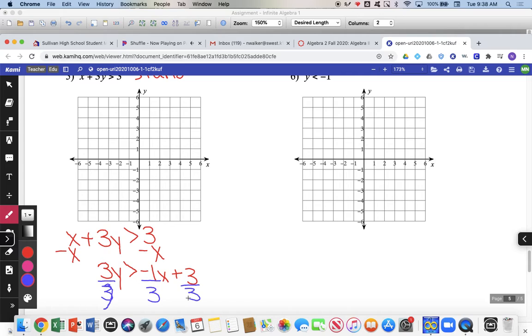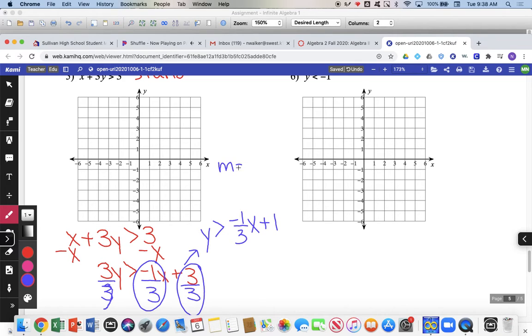All right, so now, whenever we are solving this, we now have y is greater than, what's my slope? Negative 1/3. And then my y-intercept, when I divide these two, becomes a positive 1. So then once it is in slope-intercept form, now we are ready to graph.